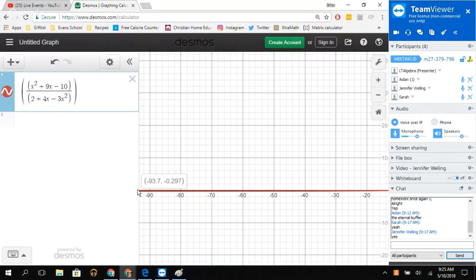I'm eventually going to hit -1/3, right? I'm going to get really close to that when I keep going out. Or you can use the table feature, put in a really big number. That's another option. Okay, so we should have just done that section when we were doing rational functions, but that's how we find the limits of rational functions. I think it's pretty straightforward, right?